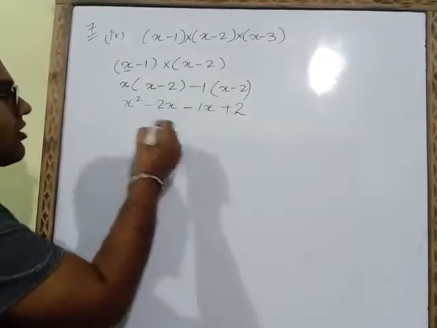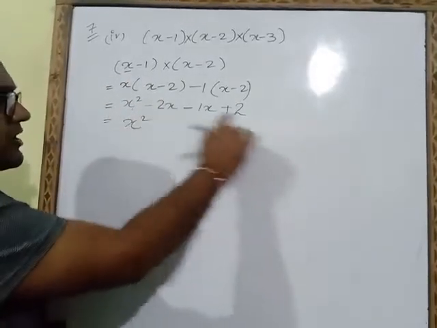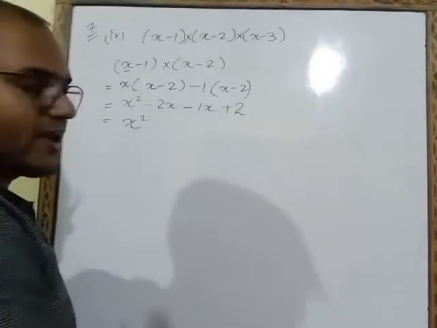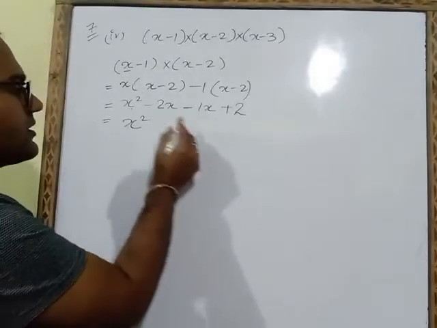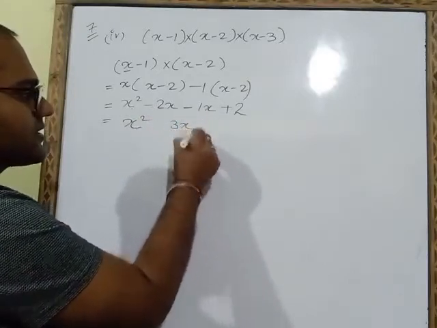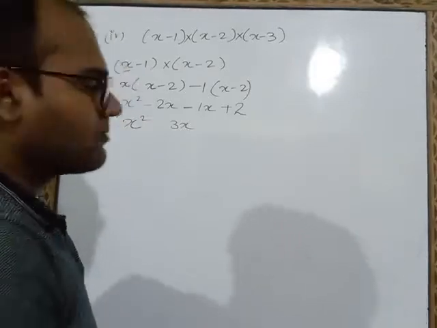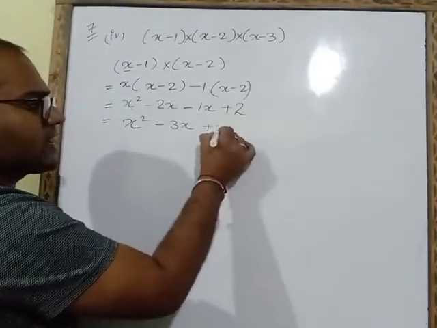Like terms we will solve. This is the single term, no other term is having x square, so we will write as it is. This is 2x and this is 1x, both are like term. Minus and minus plus, so we will add these to 3x. But you have to put the sign of greater number. 2 is greater, 2 is having minus sign. This plus 2 we will write as it is.